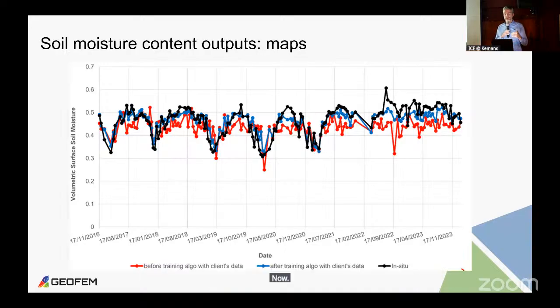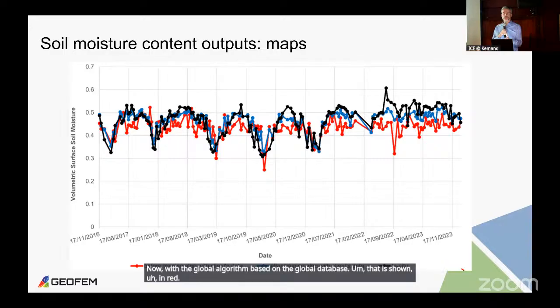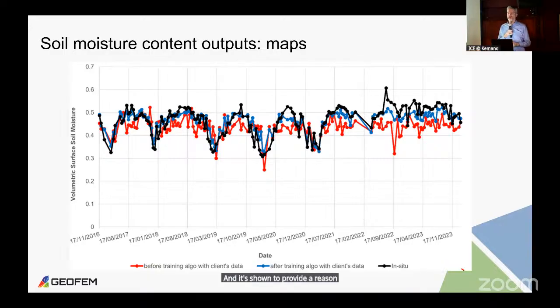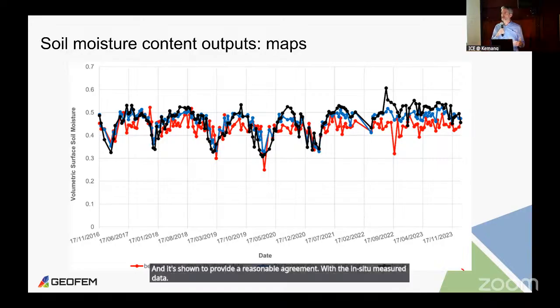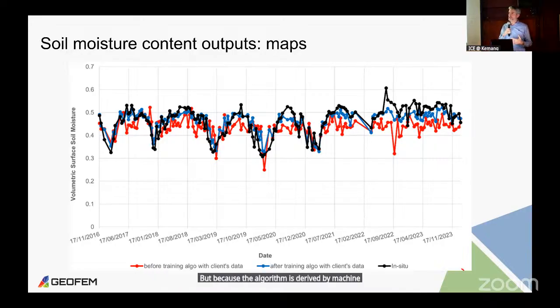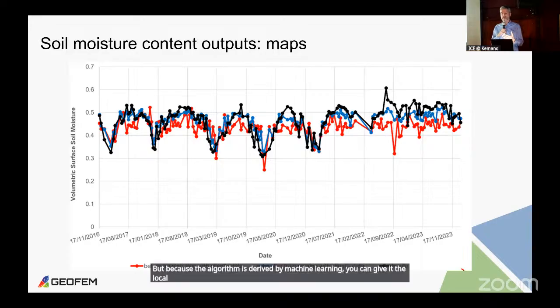Now, the global algorithm based on the global database is shown in red and provides a reasonable agreement with the in situ measured data. But because the algorithm is derived by machine learning, you can give it the local data of the in situ soil moisture sensors and further train the algorithm for local conditions.